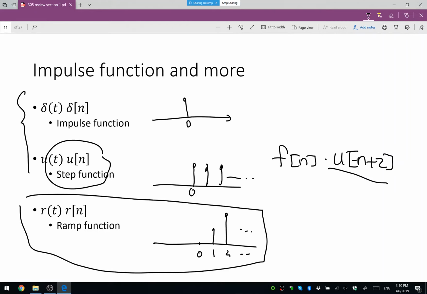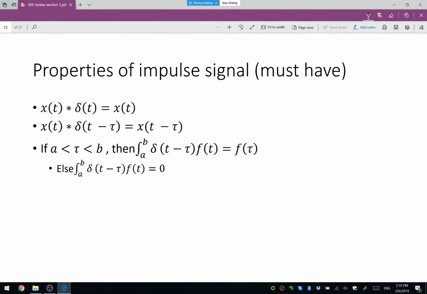But for this unit impulse function, we're going to talk about some properties. The first two properties are very easy to remember and use. The first thing is if you do convolution with one signal and a delta function, you get the signal itself.